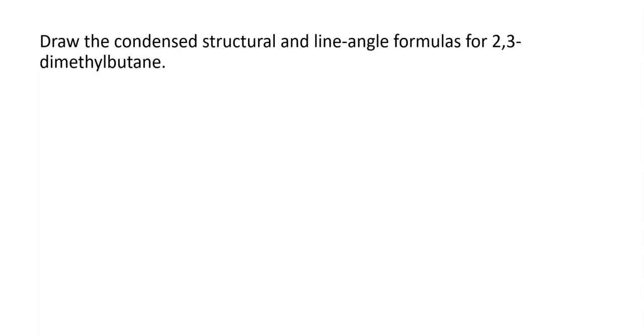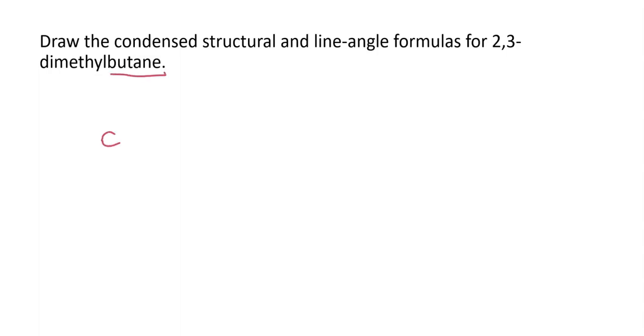To draw the condensed structural and line angle formulas, I will first draw the condensed structural formula. 2,3-dimethylbutane. First, I will see what type of compound it is. It is a butane.